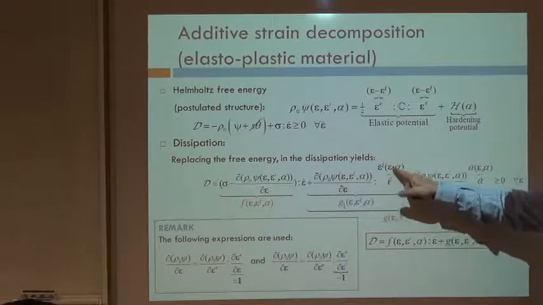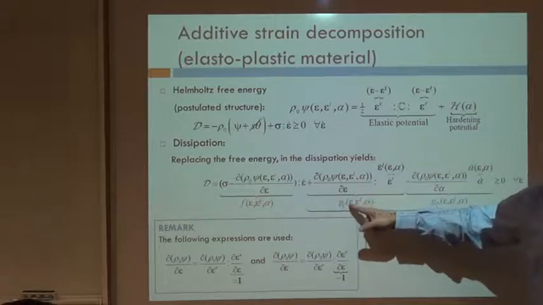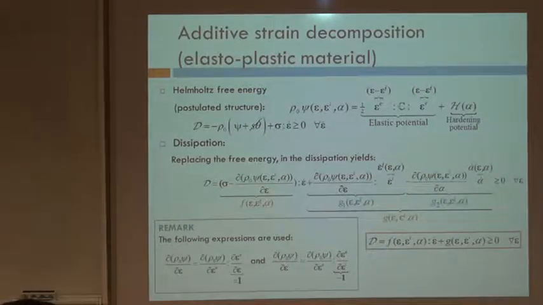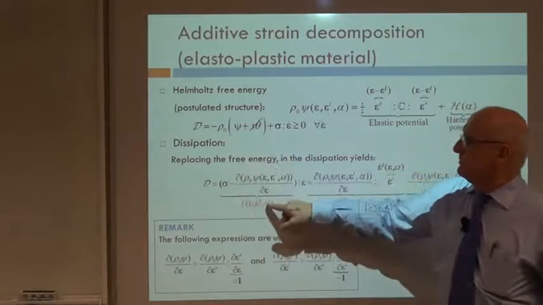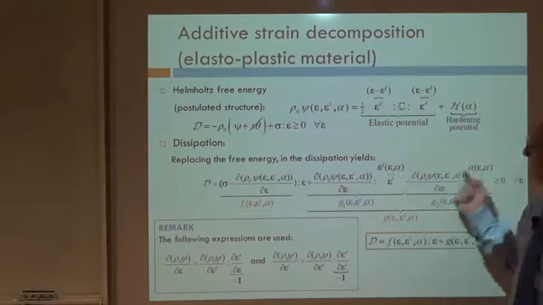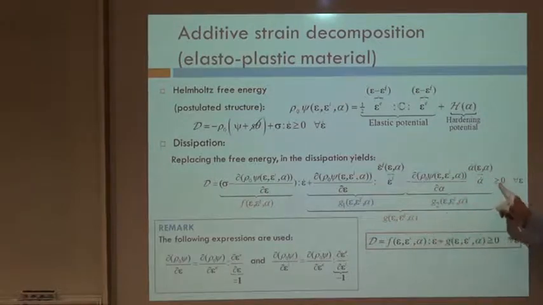They depend through the evolution equations only on instantaneous values of the free variables and the internal variables epsilon I and alpha. I just want to point this out. Do you follow me? Look at the structure of this equation. It says that a certain function of epsilon, epsilon I, alpha times epsilon dot plus another function of epsilon, epsilon I, alpha is greater than 0 for all epsilon dot. What are the implications of that?